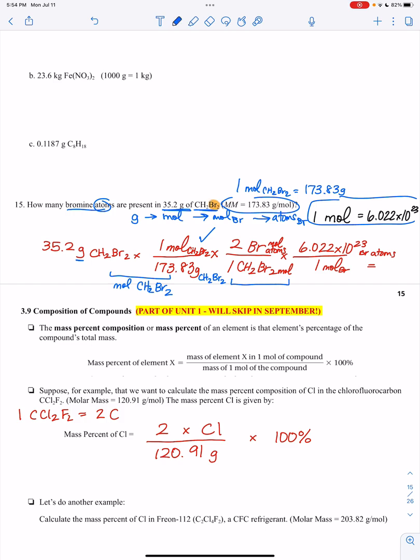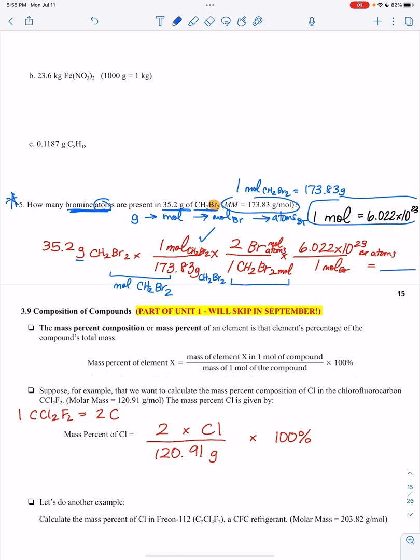If I have 1 CH2Br2, I'll have 2 Brs, because this question's asking about bromine atoms. So I have to multiply that by 2 to get the total number of atoms, or moles of atoms. And then once I have my moles of bromine, if I multiply by Avogadro's number, 6.022 times 10 to the 23rd, I will get my total number of atoms. And I'll leave the calculation up to you.